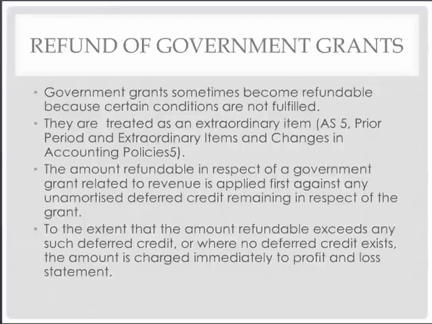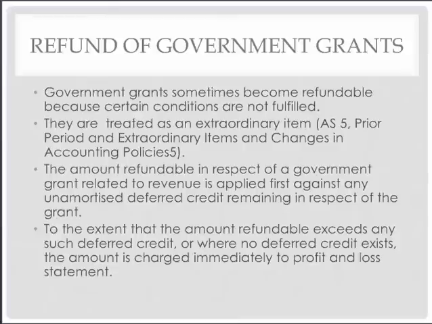Students, as we said, government grants are sometimes received along with certain conditions which are required to be fulfilled. Sometimes companies are not able to fulfill certain conditions, because of which they have to refund some portion or entirely the government grants that they have received.